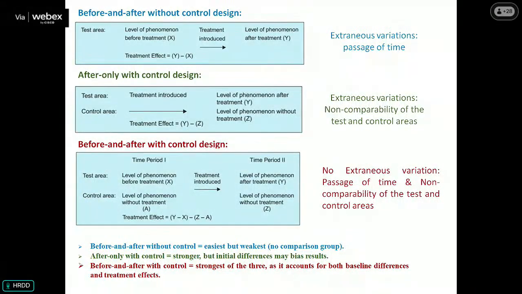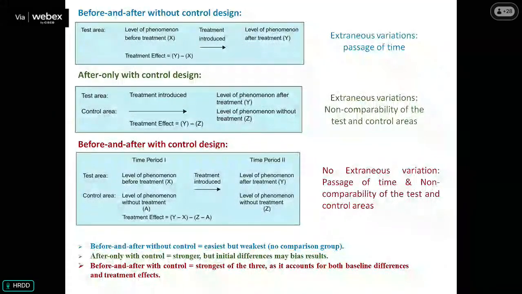Okay. So for removing that, the after only with control design is introduced, where there are two areas, but you measure only the effect after your treatment in both of them. Okay. And the treatment effect is equated to this. So here the extraneous variable is the non-comparability of the test and control area. So the two lands can have different initial fertility.